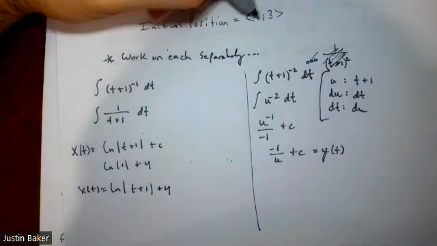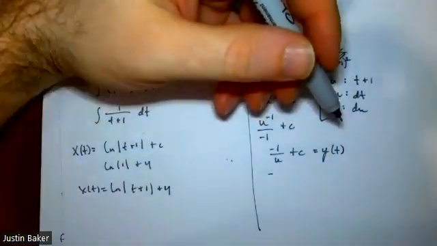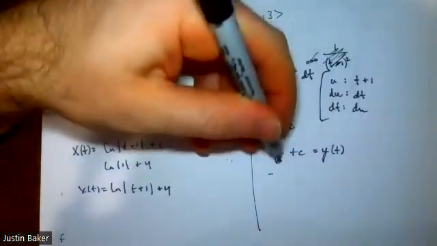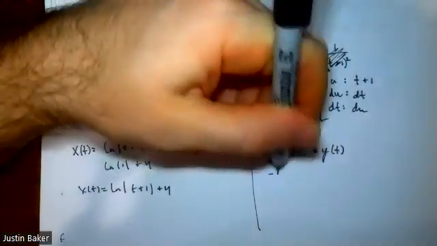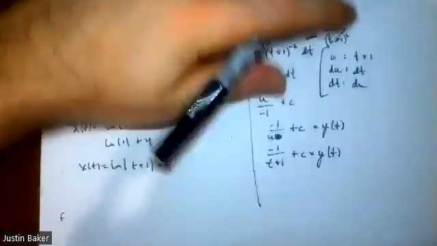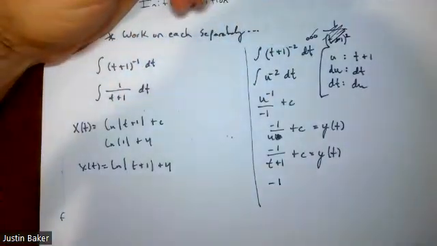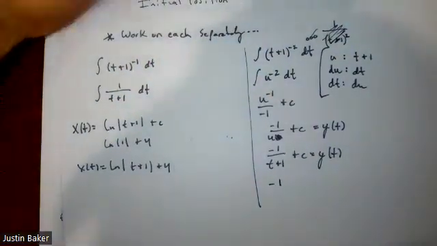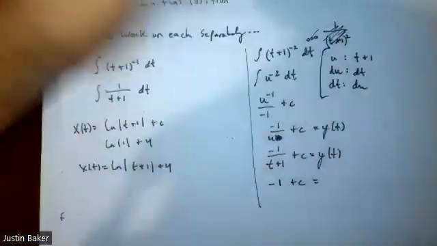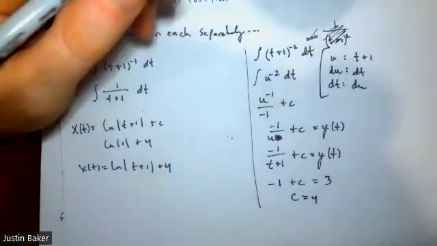We said we were going to utilize 0, 3. Let's plug back in first, sorry. Instead of u, let's call that negative 1 over t plus 1, plus c. Then we plug in 0 for t, so negative 1, and we know the other piece here is 3. So when the position is 3, that tells you that c is equal to 4. Okay.